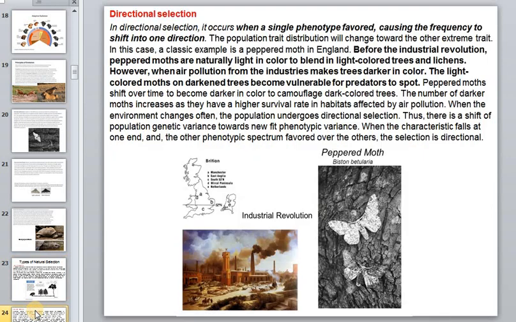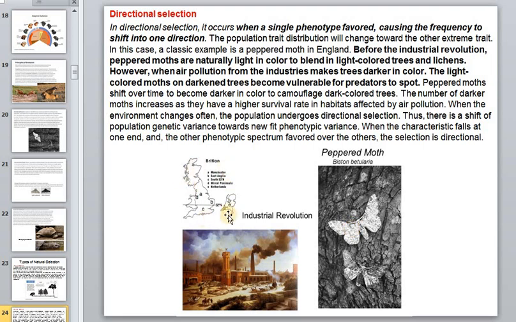The next one, directional selection. Directional selection occurs when a single phenotype is favored and causes the frequency to shift in one direction. Before the Industrial Revolution, moths were naturally light in color to blend in with light-colored trees and lichens.